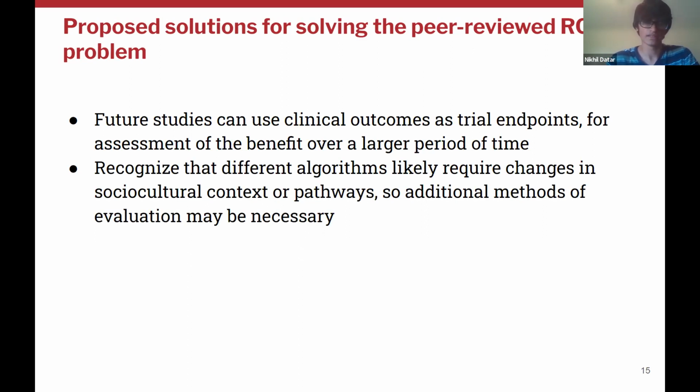It may be necessary for algorithms that advertise themselves as improvements on state of the art to be actually assessed in a peer-reviewed randomized controlled trial, and even assessed in multiple across different institutions to really see how models fare in different clinical settings.